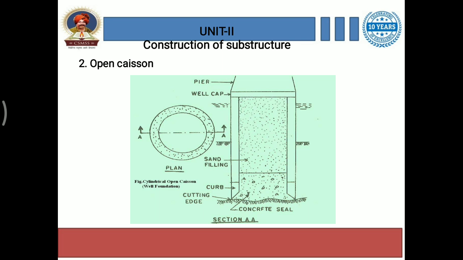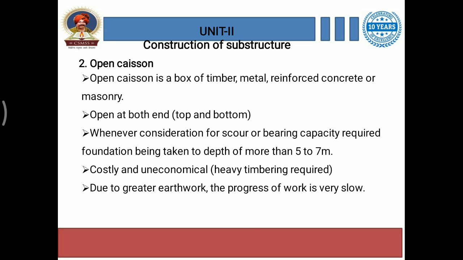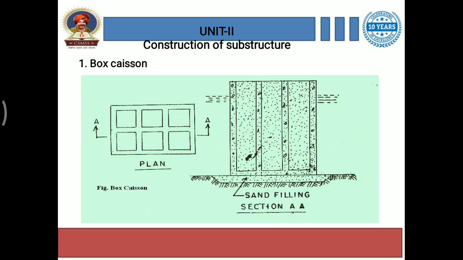Then at the bottom there is cutting edge, that is the edge of the bottom of the caisson is made sharper to cut the earthwork. This is an open caisson. So this is all about box caisson and open caisson.